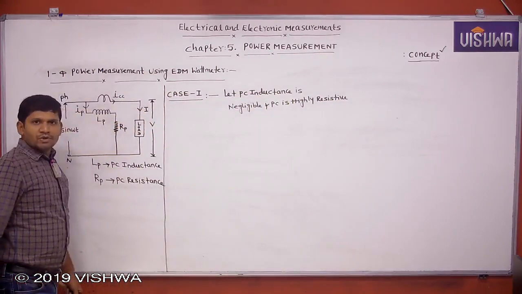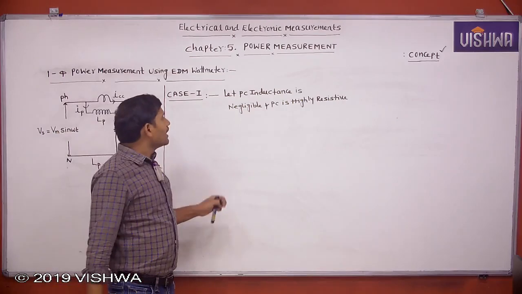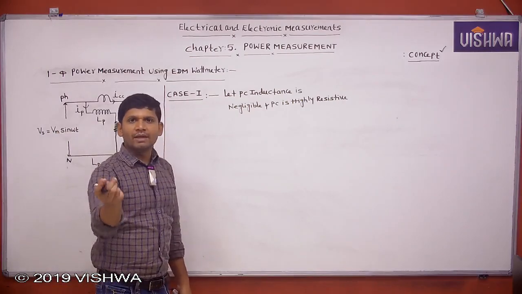In case 1, I am assuming that pressure coil inductance is negligible and pressure coil is highly resistive.